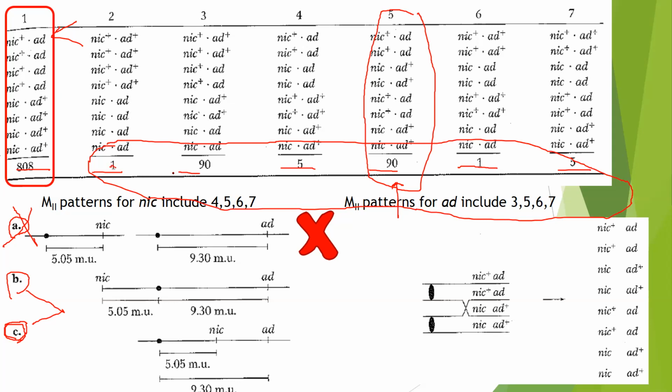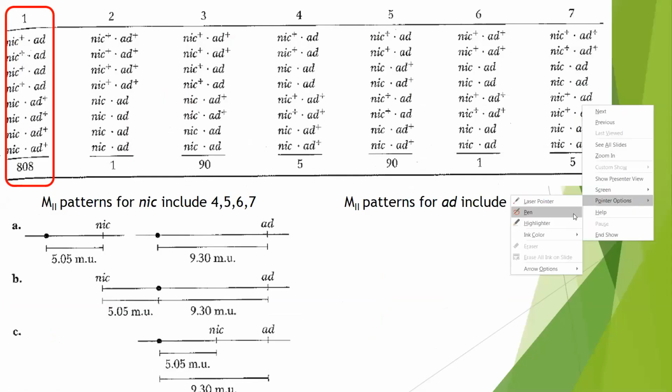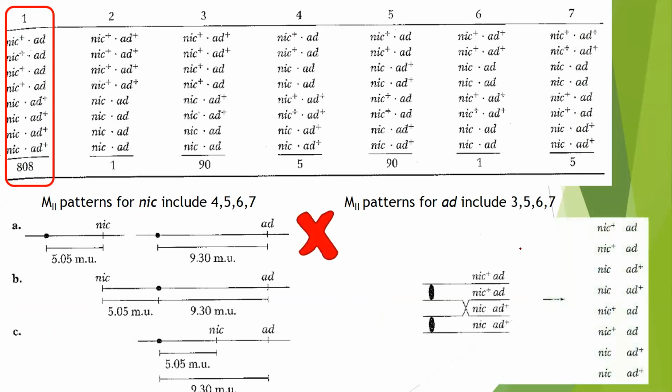And if you compare those numbers, this one actually represents a very frequent progeny from this test cross. Let me remove this. All right. So how do we get this progeny from the parental type? There must be a crossover occurring here, right, to generate this.